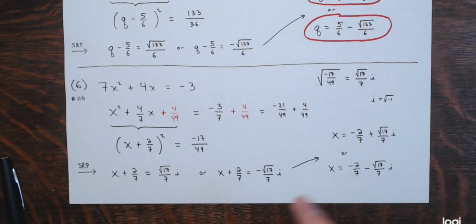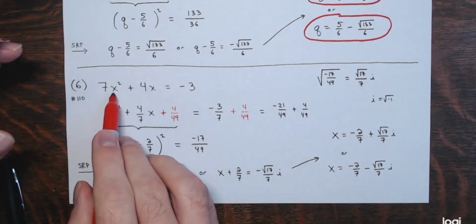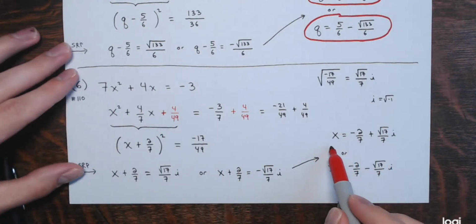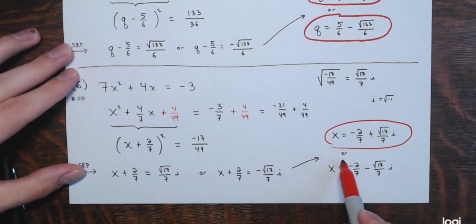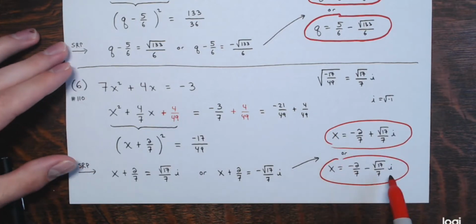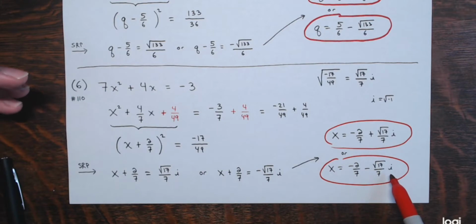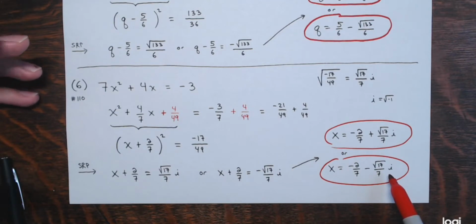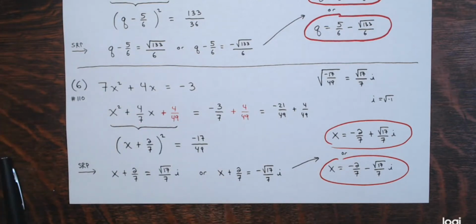And you can do this by hand. You can plug these values in for x and check by hand. Or you can use a calculator, the TI-84, and I've shown you this before. There's a plus bi mode, a complex mode. Just make sure you're in that mode so you can actually enter imaginary numbers, and then you can check just like I did with any other checking I did in the calculator. But both of those should work.